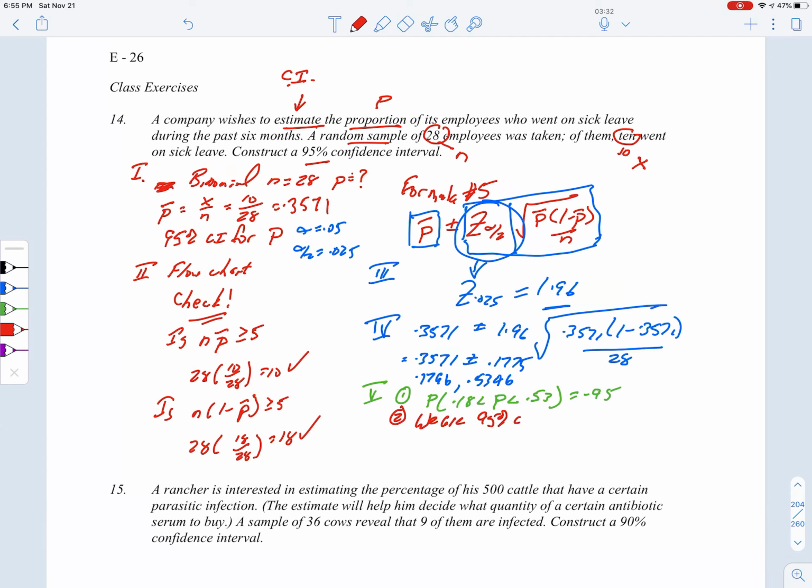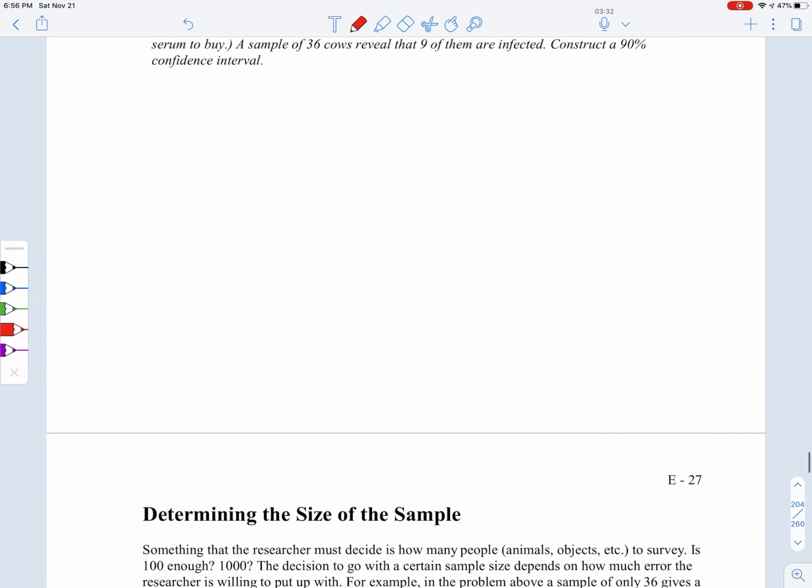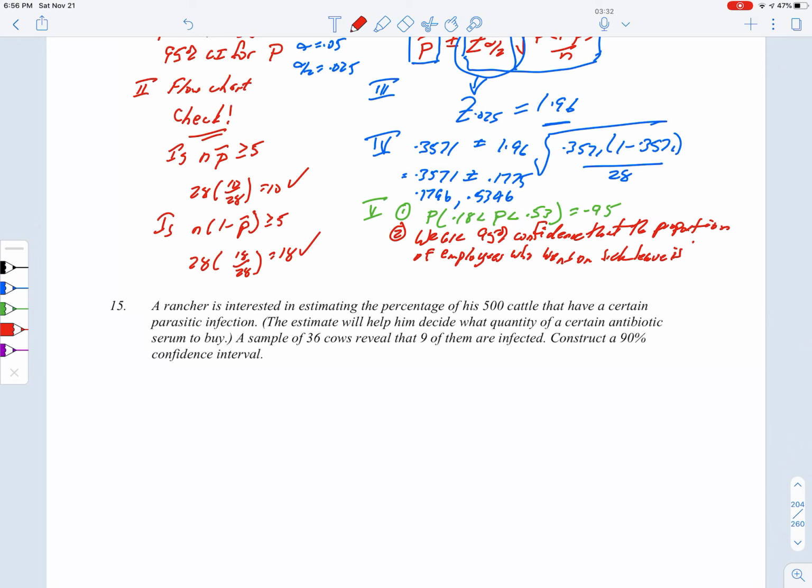So we are 95% confident, very sure, that the proportion of employees who went on sick leave in the last 6 months is between 36% and 53%. So you can come up with a confidence interval, but we've only sampled 28 employees.